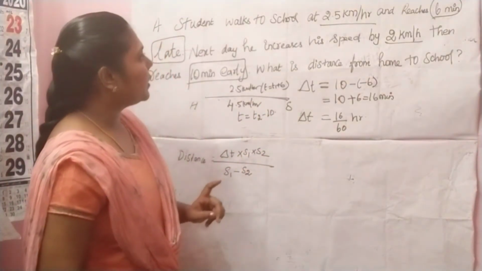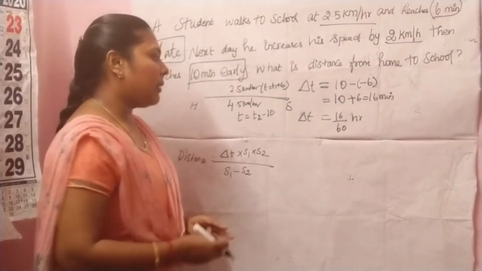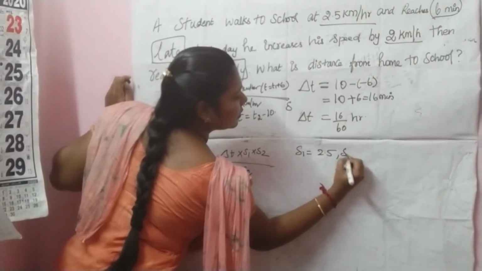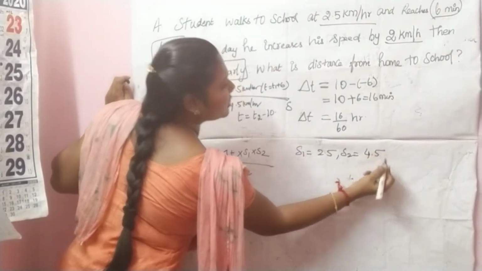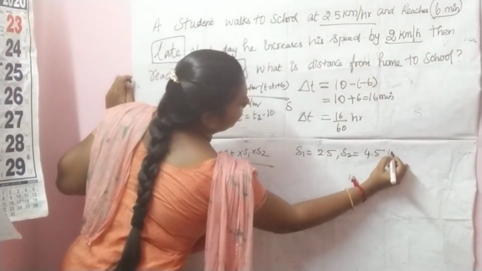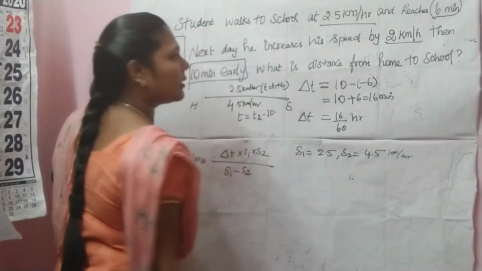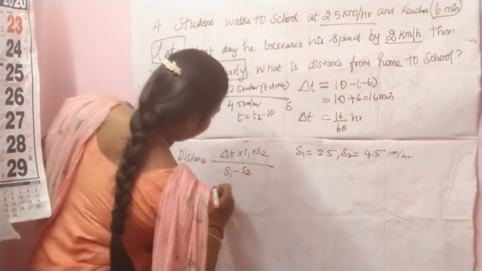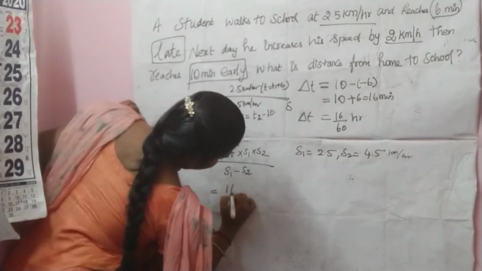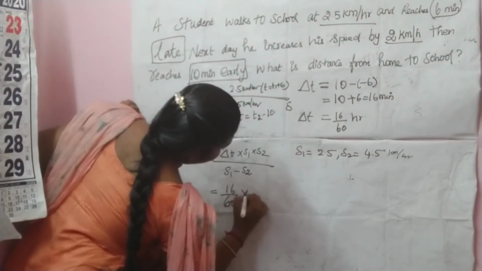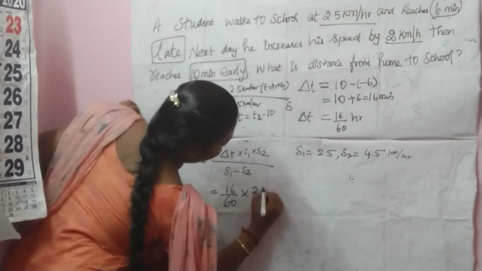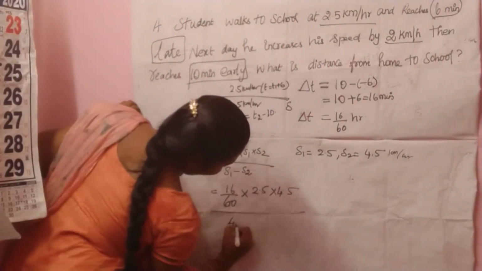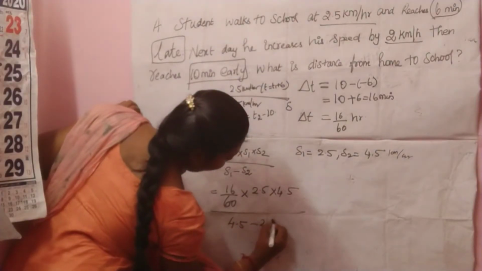And after that my S1 is 2.5 kilometers per hour and my S2 is 4.5 kilometers per hour, because he increases the speed by 2 km per hour. Just substituting all the values into the formula: del t is 16 by 60 into S1 which is 2.5 into 4.5, divided by 4.5 minus 2.5.